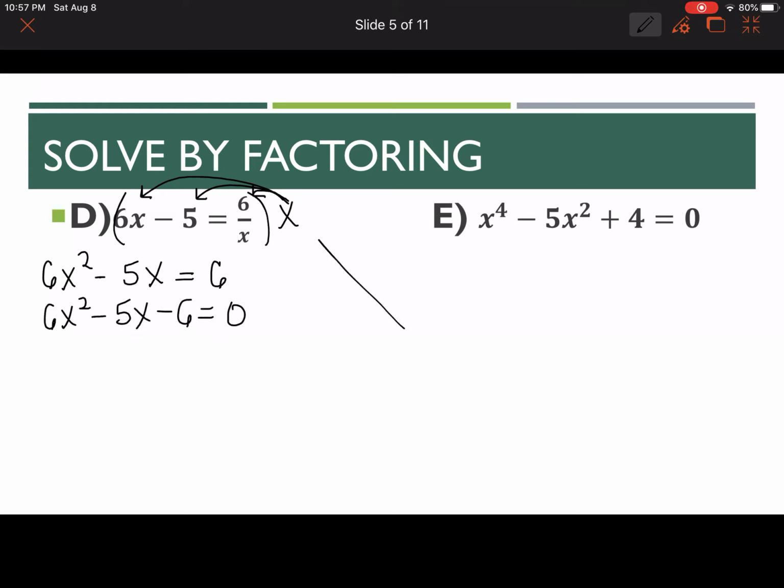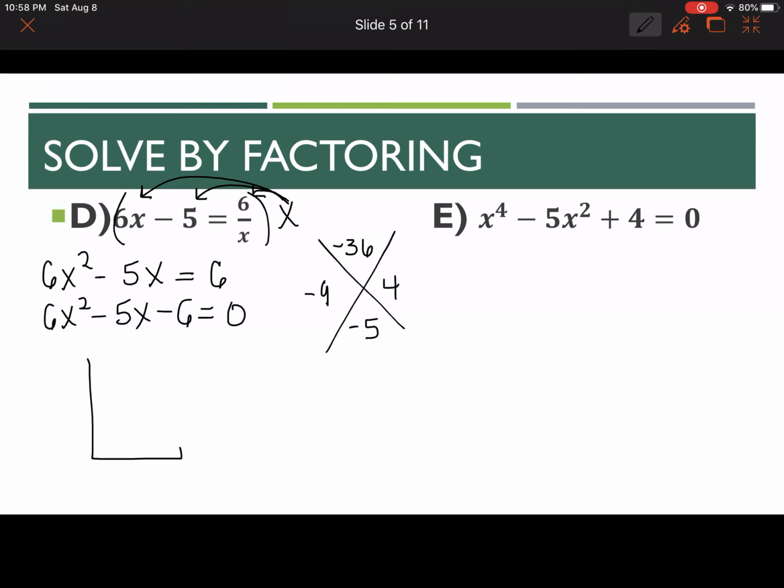Okay, and now we need to find two numbers that multiply to A times C, which would be 6 times negative 6, but they add to B. So numbers that would multiply to be negative 36, but add to negative 5, and that would be negative 9 and 4.